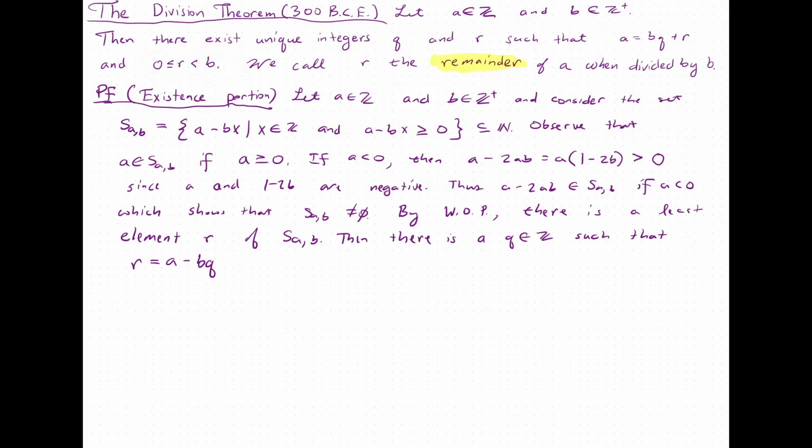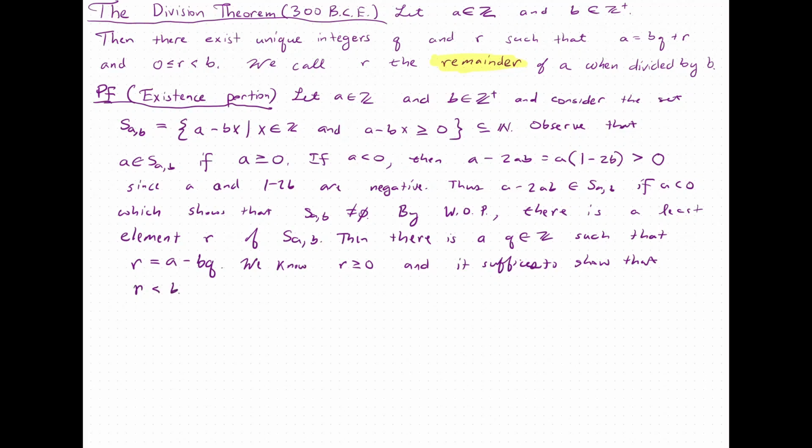We know that r is non-negative, because that's what it means to be in here. So we know r is non-negative, and it suffices to show that r is strictly less than b.